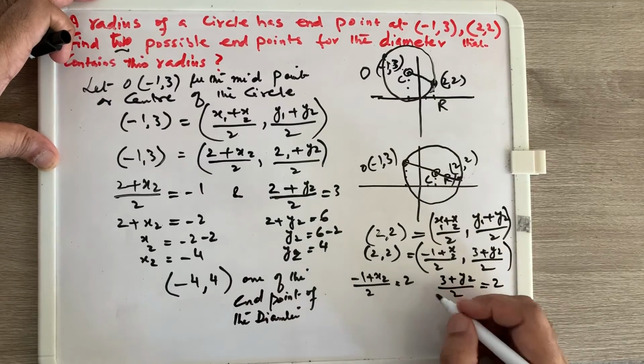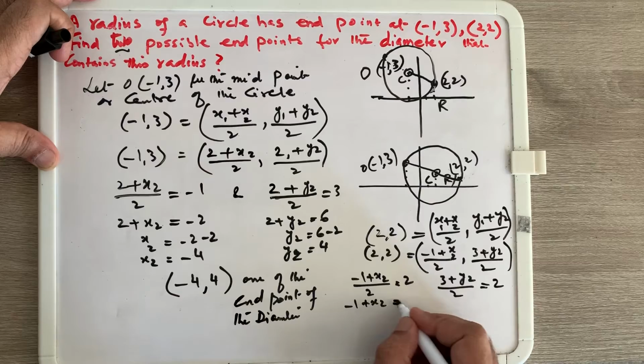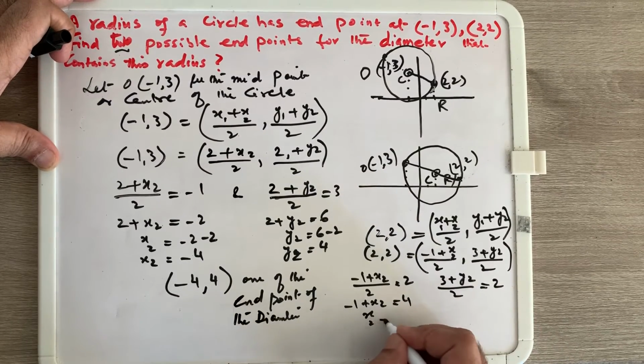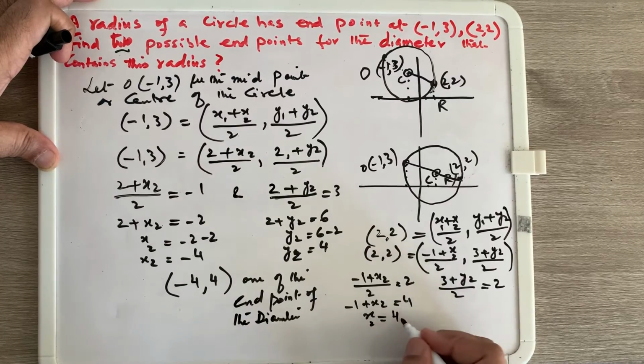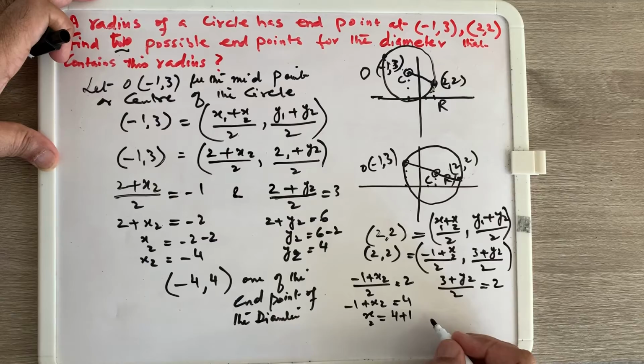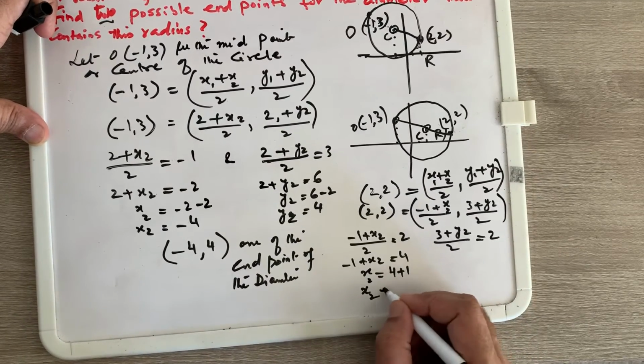Now I have to solve them. So minus 1 plus x2 is equal to 4, and I will be having x2 is equal to 4. This minus 1 goes to the other side with a different sign, minus goes to the other side and becomes plus, right? So x2 is equal to 5.